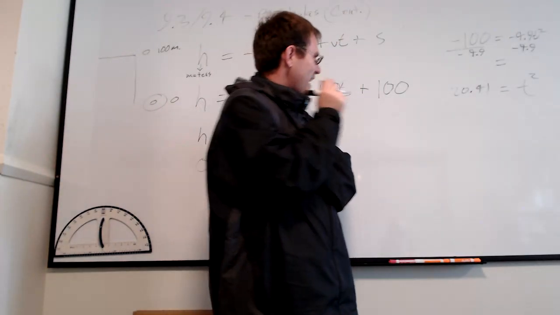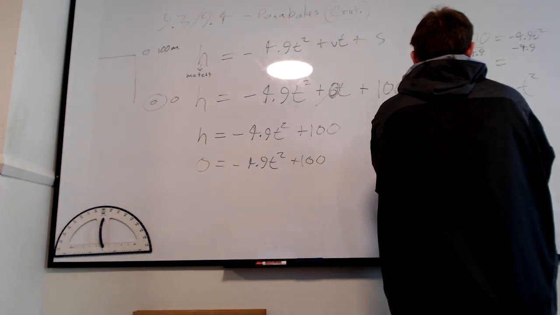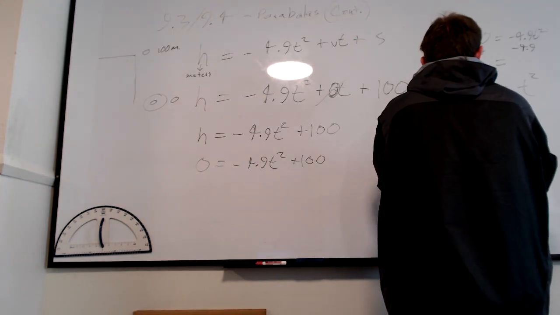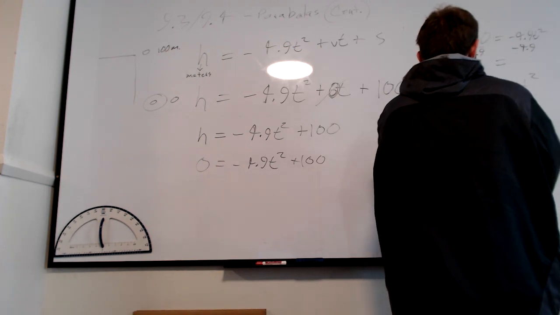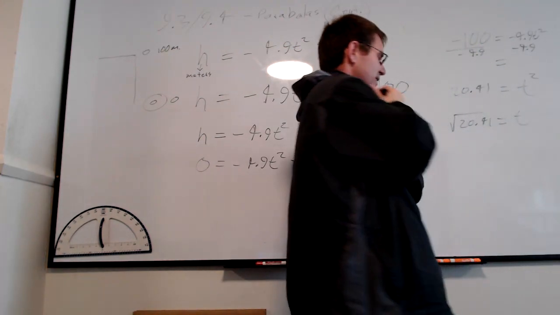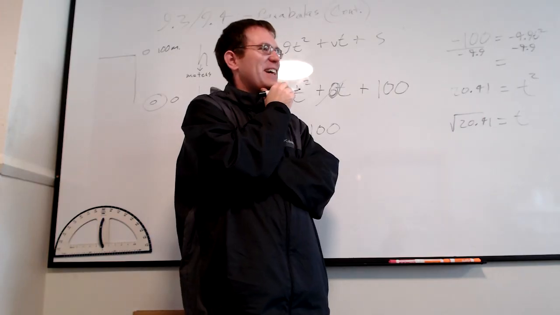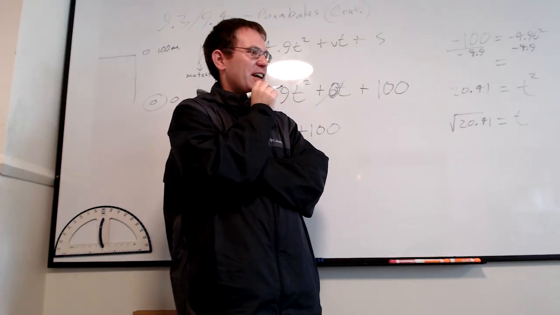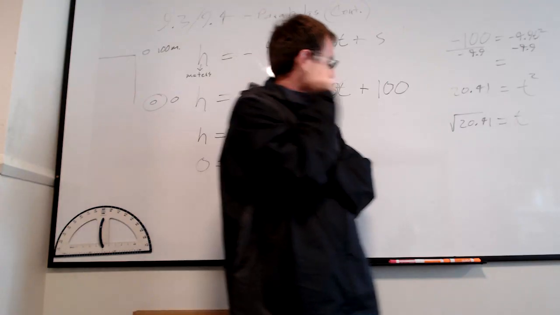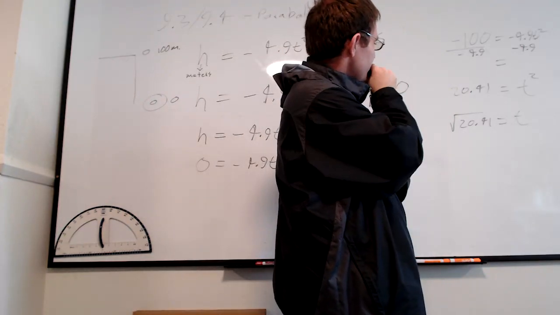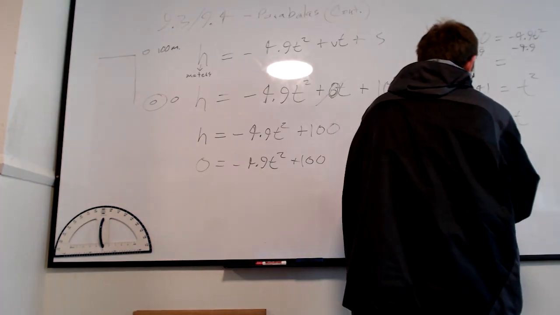Square root it. Nice job. So the square root of 20.41 equals, well, is this plus or minus? No, it's not plus or minus, just plus, because this is time. We don't have imaginary time unless we're Stephen Hawking. So what does that equal?